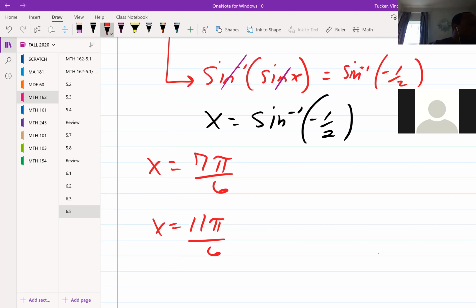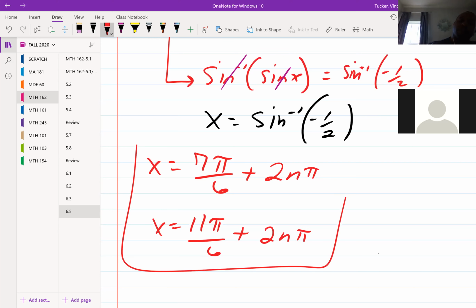Since this one does not have that, then what we would do is add the period to it, which is 2 n pi. And then here add 2 n pi. So for every revolution or every rotation, that answer would be true.